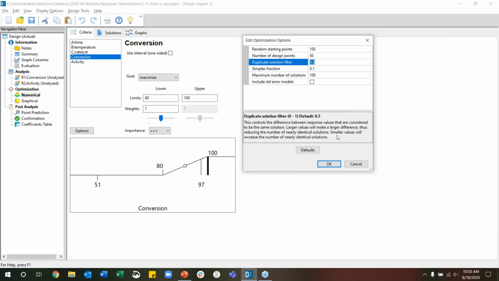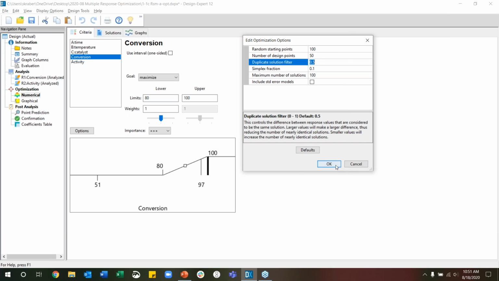And then decreasing this number will increase the number of nearly identical solutions. So 0.5 is the default. If you get tired of seeing so many nearly identical solutions, you might increase that number, maybe to 0.7 or something. You could try that. But I find these defaults really good to use.